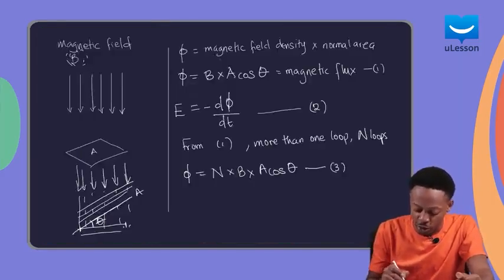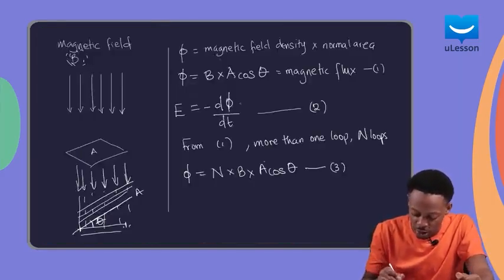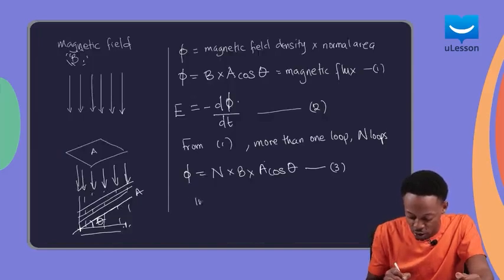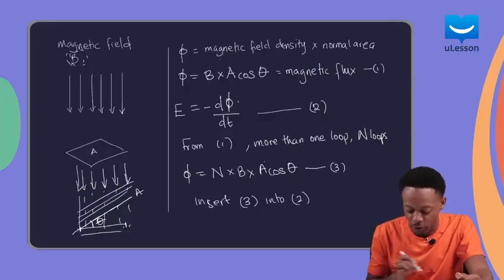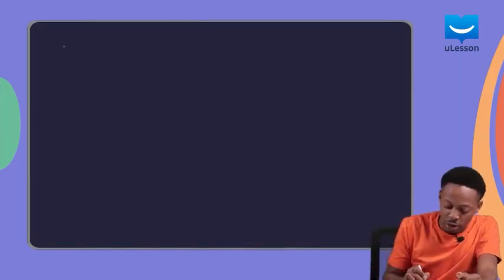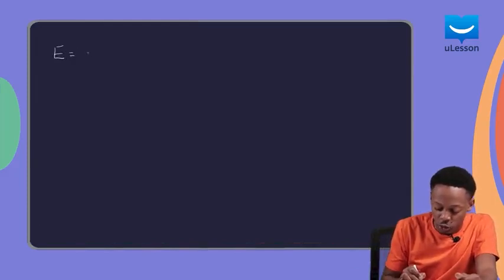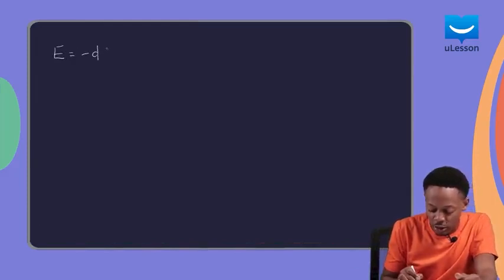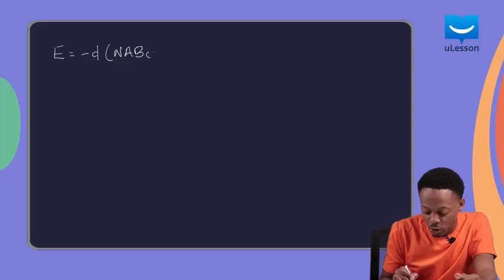So why don't we put this here? Okay, so insert 3 into 2, right? So what we'll have here is E is equal to minus d of N A B cosine theta over dt. All right.